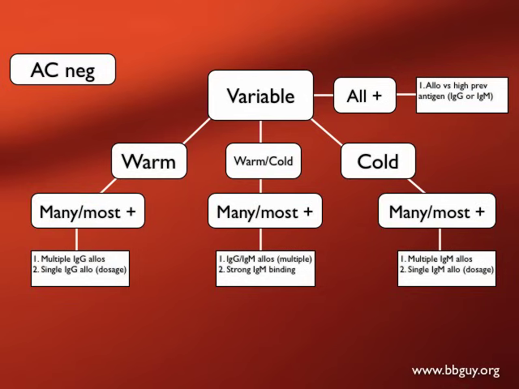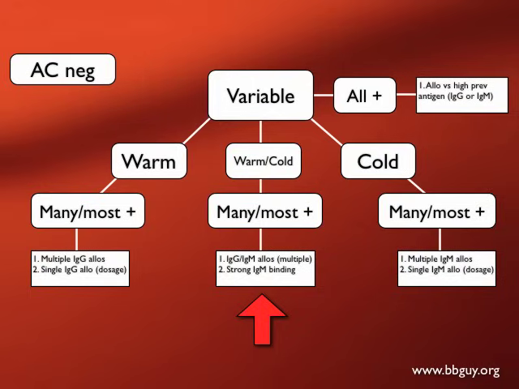In addition, on the variable reactions, we'll spend our time talking about specifically reactions that are both warm and cold, where many or most of the cells are positive, and you're looking at multiple IgG and IgM alloantibodies. Again, there's going to be more on this whole separation as we do future podcasts, but for now, those are the general areas on which we are going to focus.